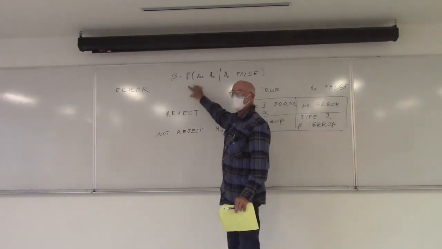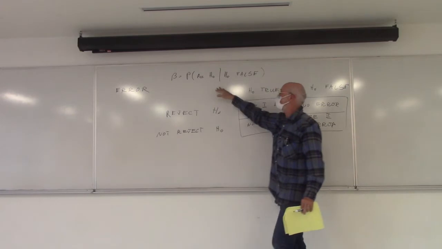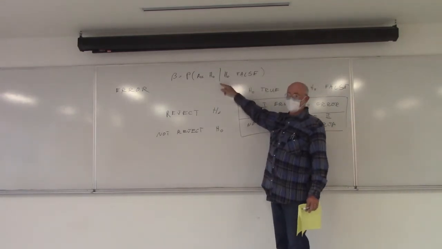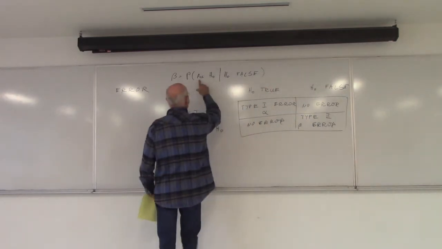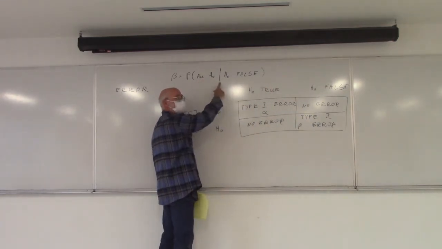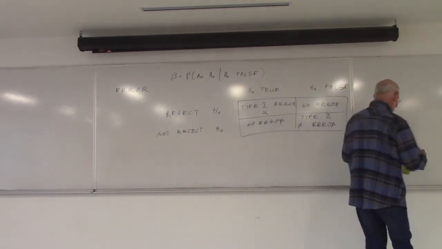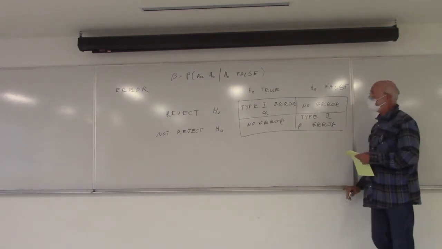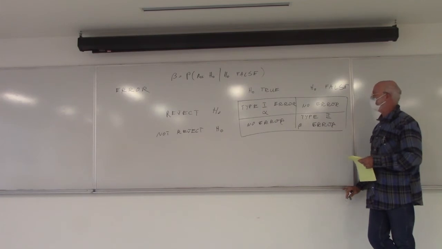Capital P says the probability of, now we have the event in parentheses. This vertical line right here indicates that it's conditional. So the probability of accepting H naught, given that H naught is false. So that's equal to beta. So 1 minus beta is the probability of rejecting H naught when H naught is false.